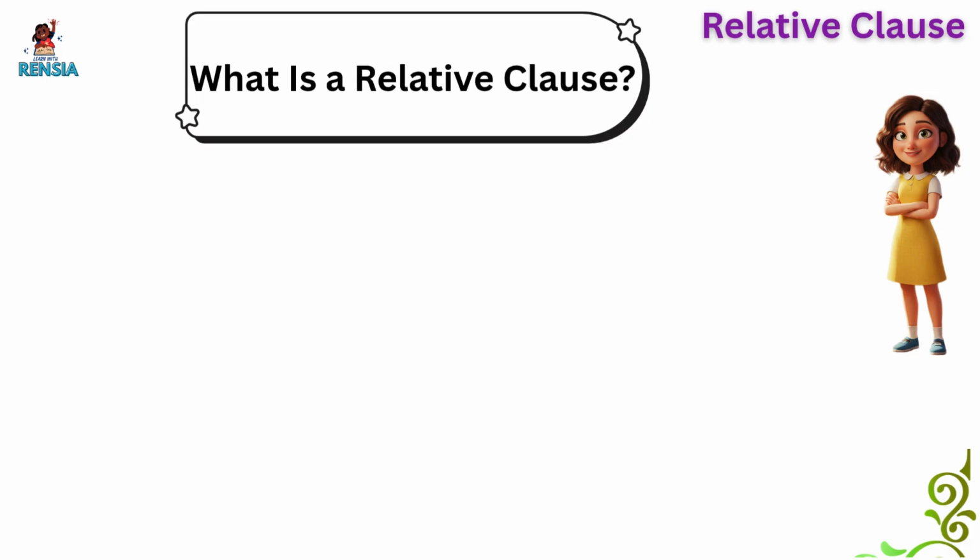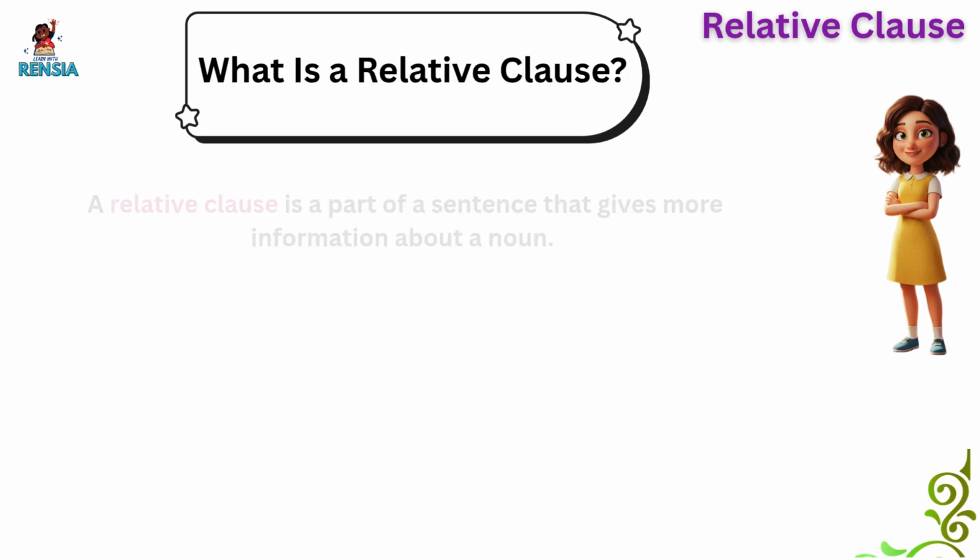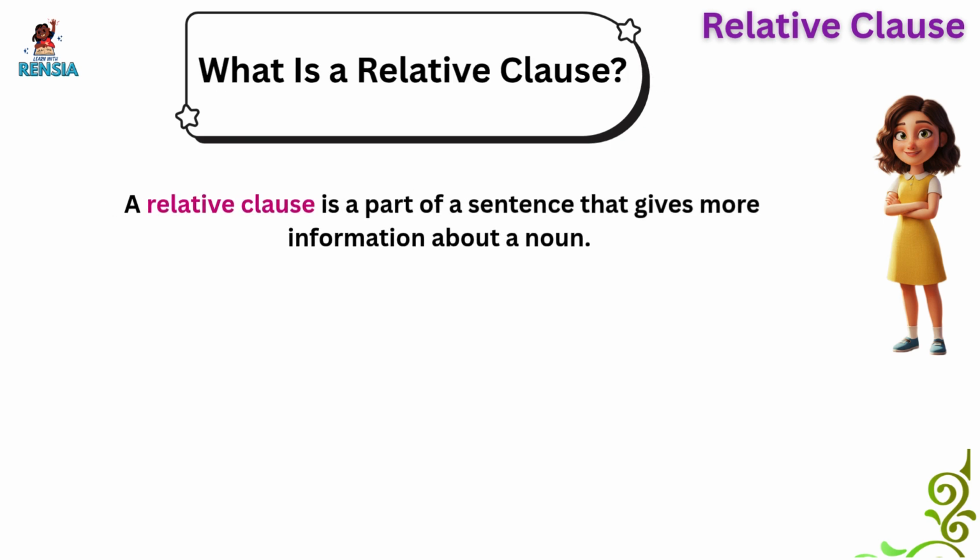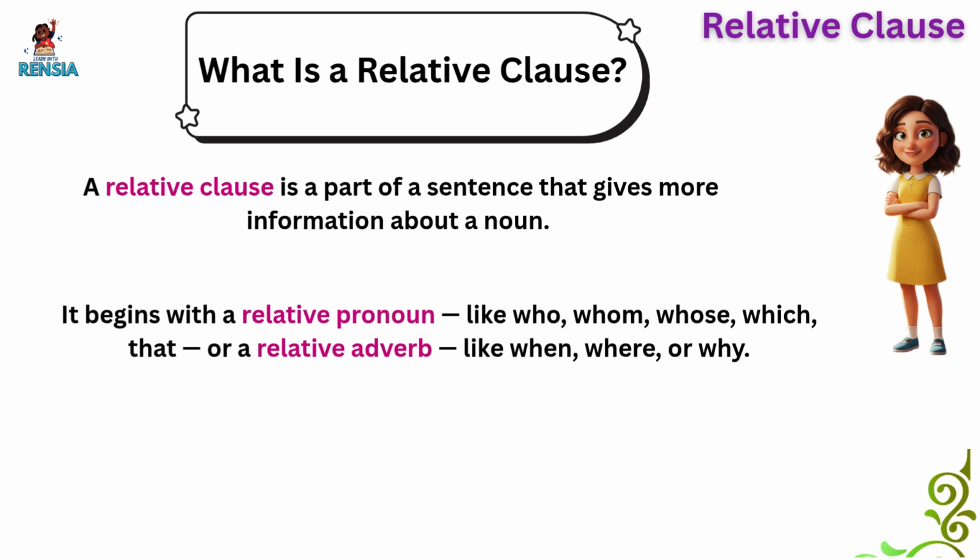What is a relative clause? A relative clause is a part of a sentence that gives more information about a noun. It begins with a relative pronoun like who, whom, whose, which, that, or a relative adverb like when, where, or why.